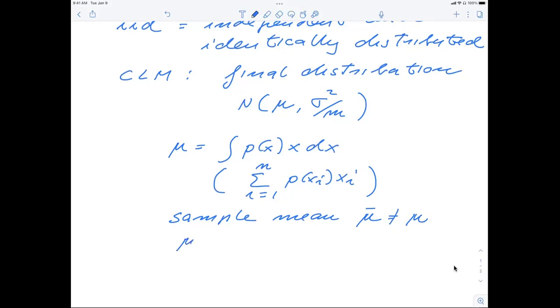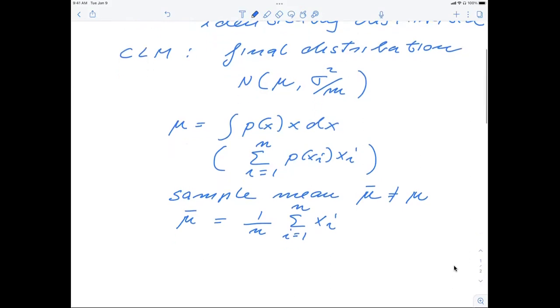The sample mean is something which we would define as 1 over n times the sum. Since we do not know the distribution, we are simply assuming that all the possible events have the same likelihood, which is 1 divided by n. So this is given by the sum of x of i. In the limit of large numbers of experiments, this should actually approach the true mean.